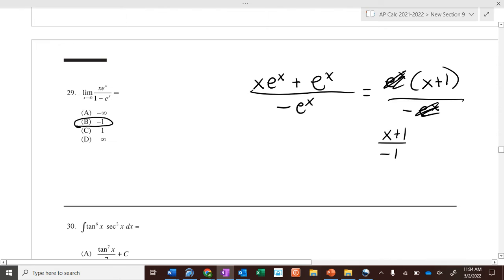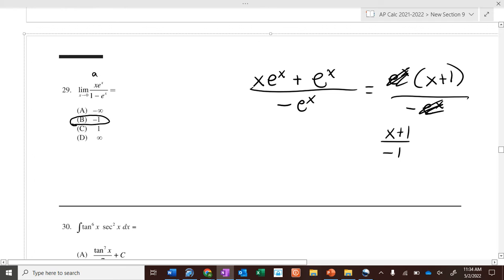My question is, how come you're taking the derivative of the e to the x but not the x? We did. It's the product rule: the first times the first derivative of the second plus the second times the first derivative of the first. Where did you get x plus 1? Because we factored out e to the x.